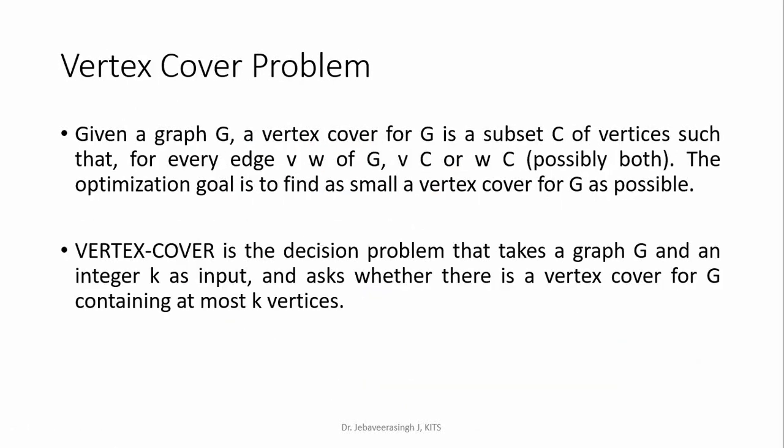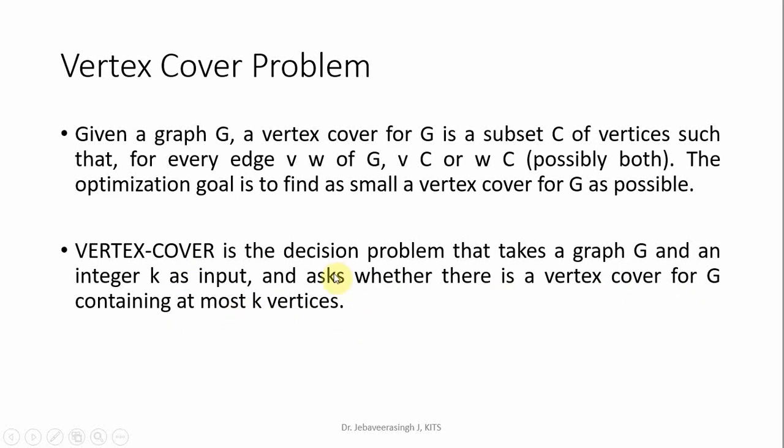Alright, the third one is the vertex cover problem. What do you mean by vertex cover? We will be given a graph and we need to find a subset of vertices C in such a way that C contains at least one vertex of each and every edge. That is known as the vertex cover problem. It is a decision problem that takes a graph G as input and one integer K, and it asks whether there is a vertex cover of G containing at most K vertices.